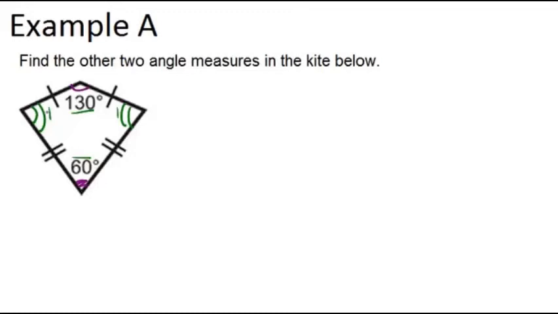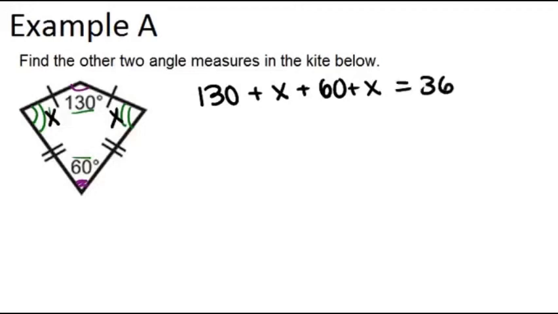So let's call the angle that we don't know x. And that means this angle will also be x. So now what we know is that 130 plus x plus 60 plus x must equal 360 degrees. And we can solve that for x in order to find the answer to the question. So when we solve this, we should start by combining like terms. 190 plus 2x equals 360.